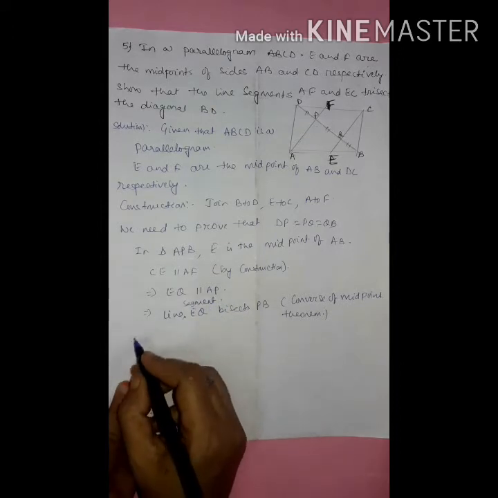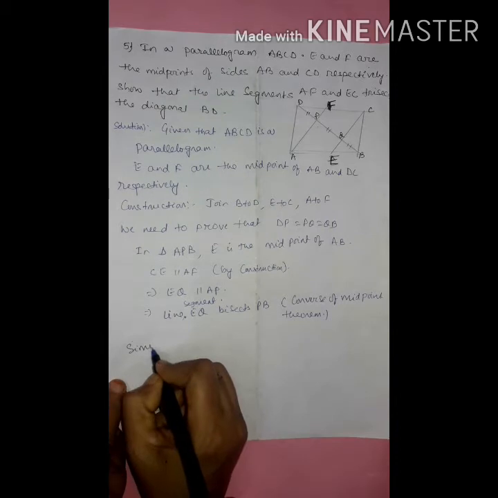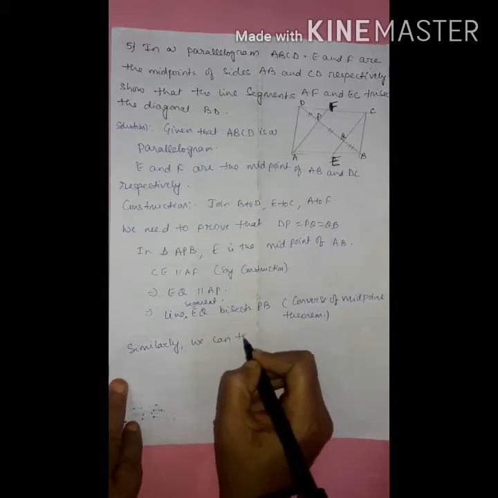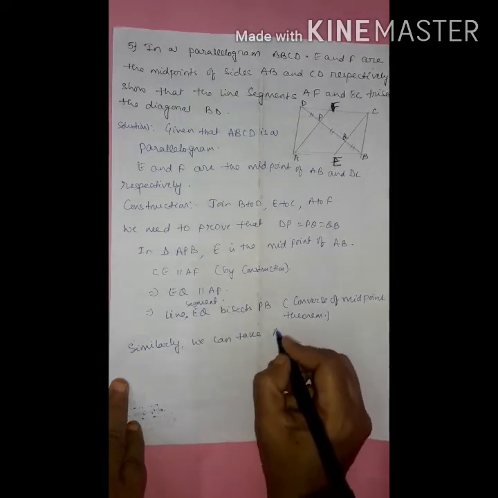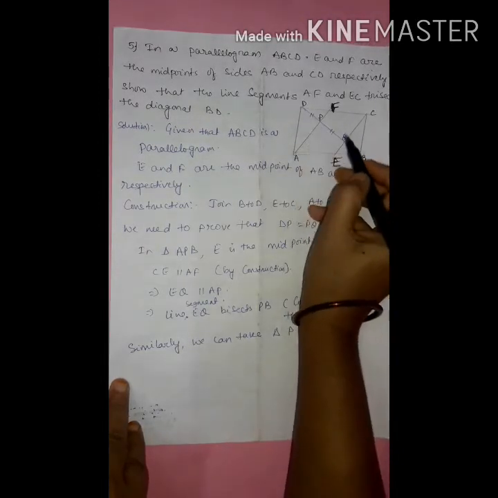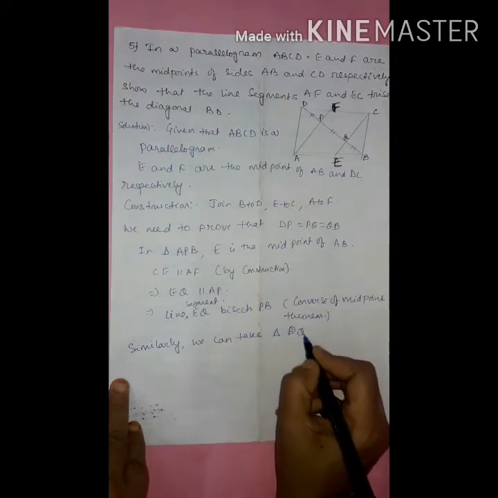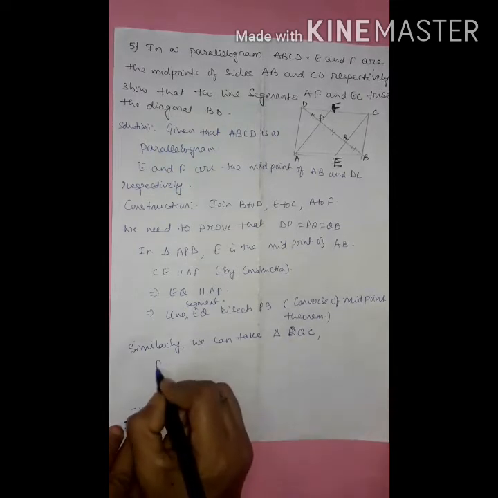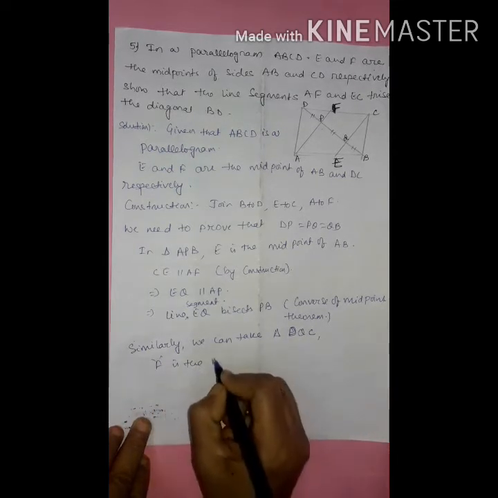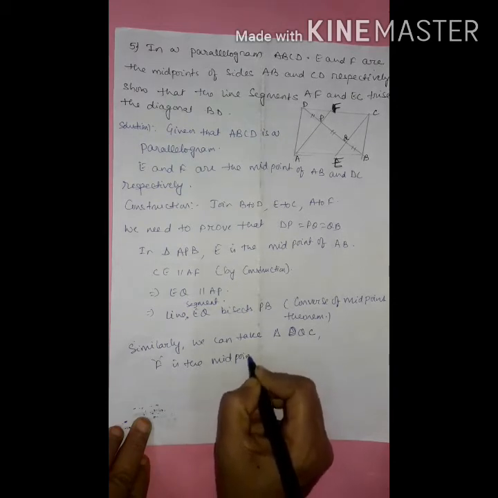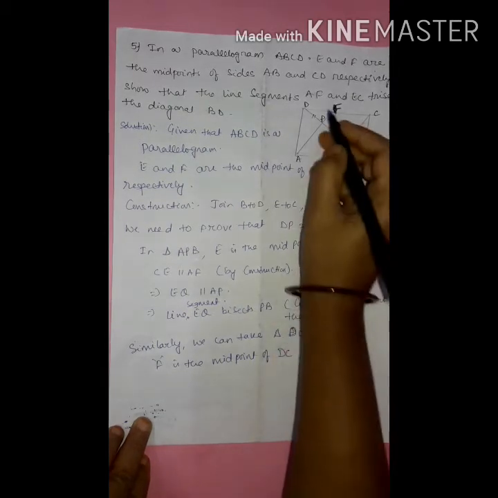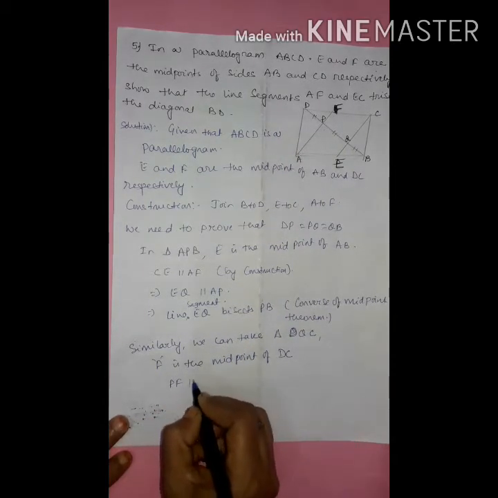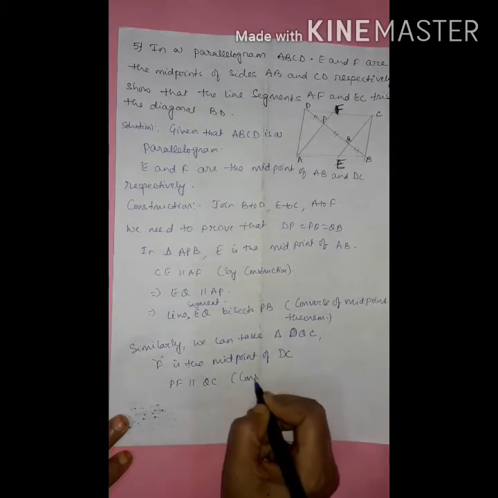Similarly, we can take triangle DQC. F is the midpoint of DC.